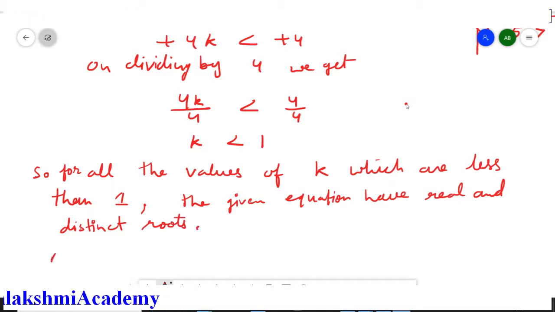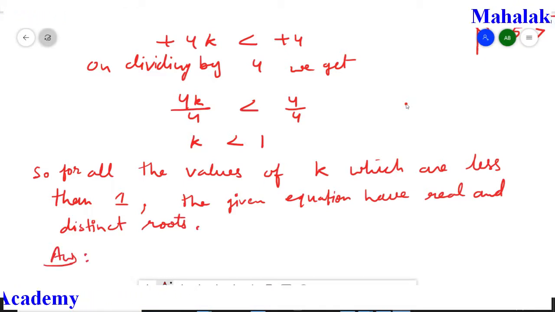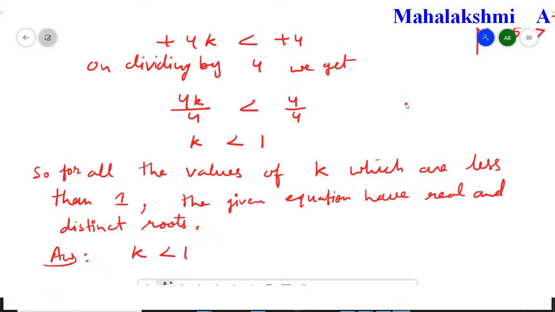That's it. So finally in the answer we will write k is less than 1. So this question is completed.